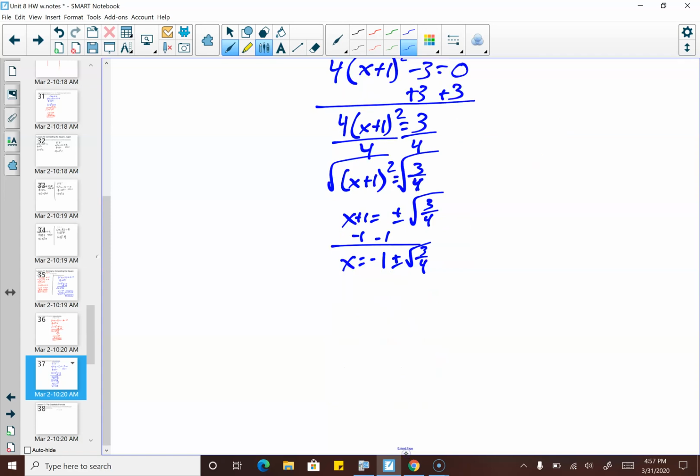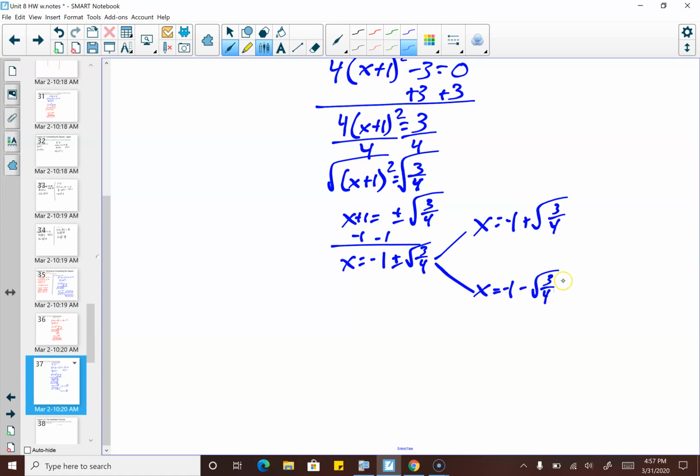Now, again, simplest radical form would tell us to stop right there. But since we are told to round, we have to go into our calculator a little bit. And we have to do negative 1 plus square root 3 over 4 and negative 1 minus square root of 3 over 4.